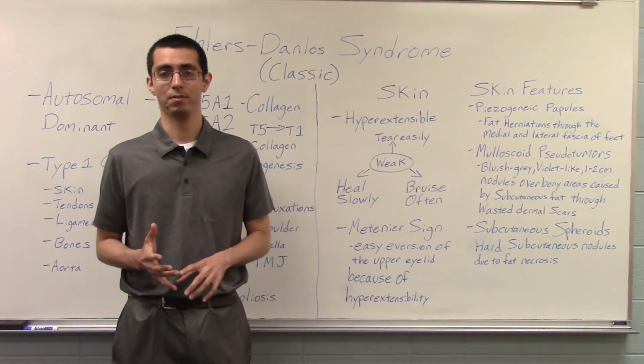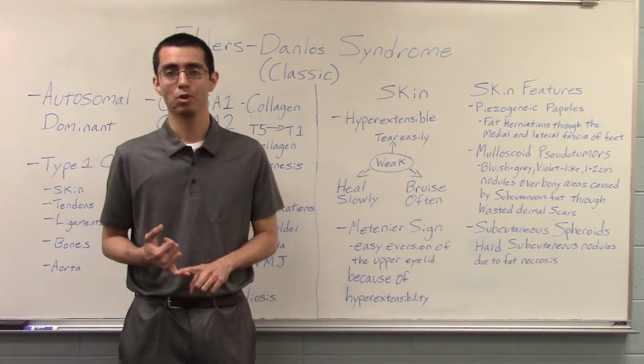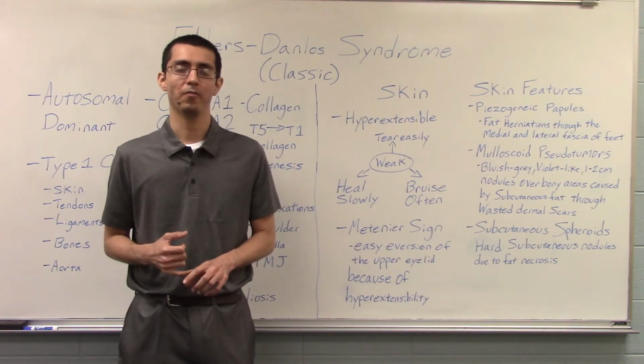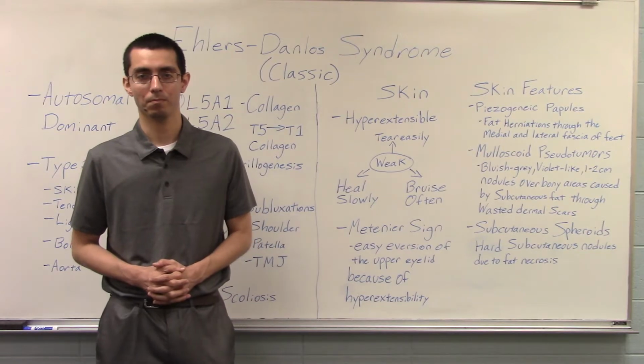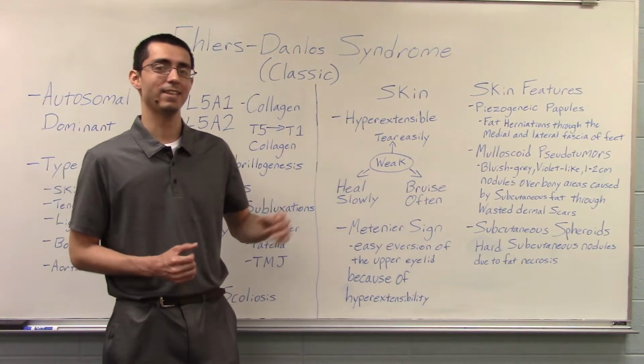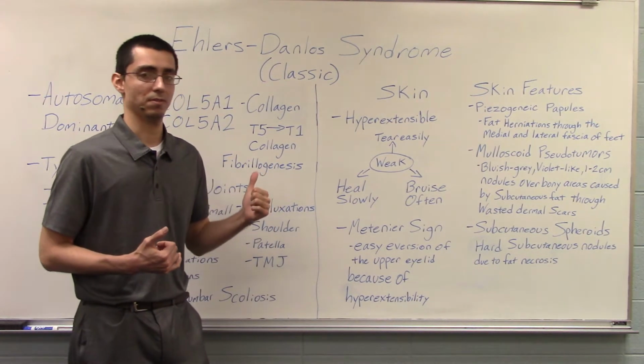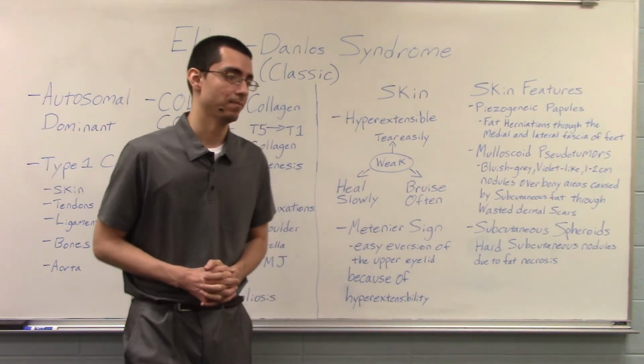Subcutaneous spheroids are hard subcutaneous nodules due to fat necrosis. These are the key skin features in a patient with classic EDS.